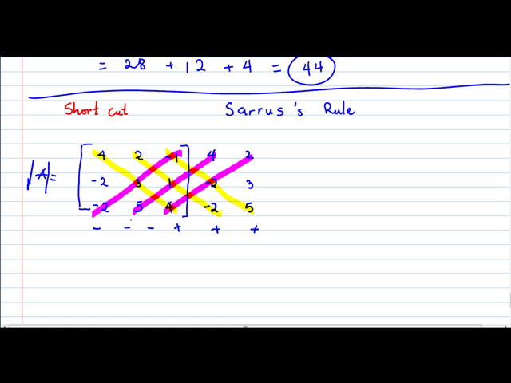So now we're going to take the product of all our diagonals here.